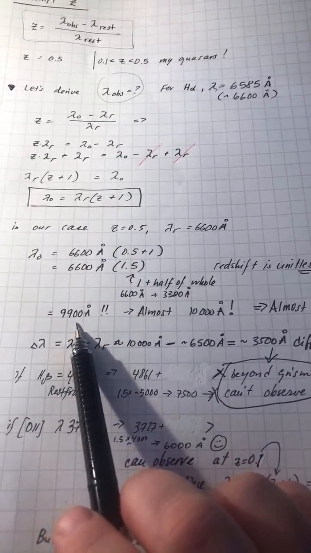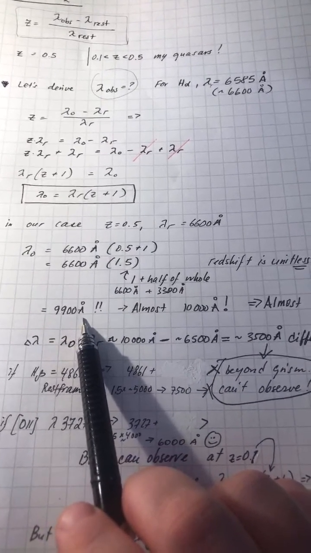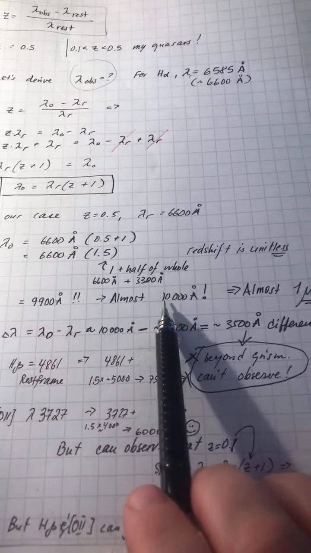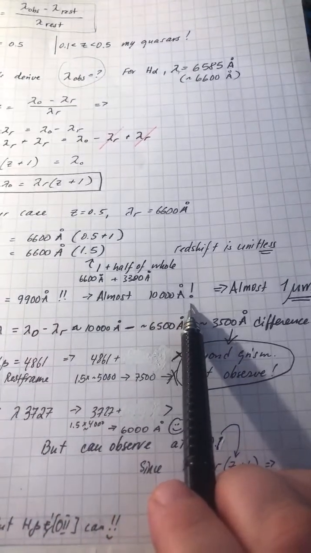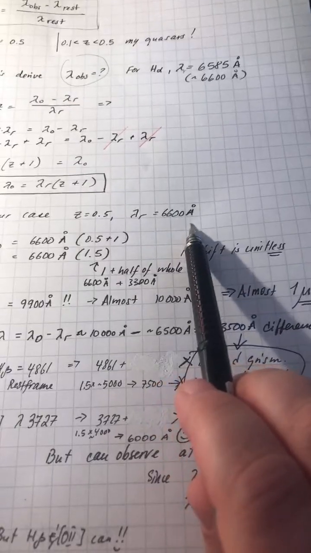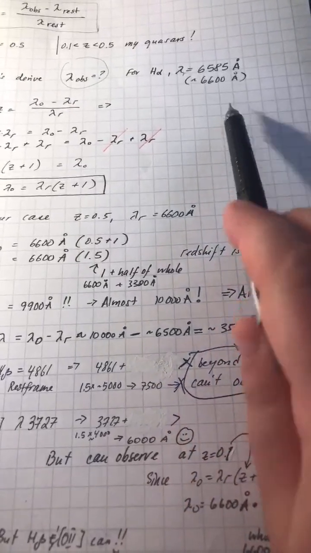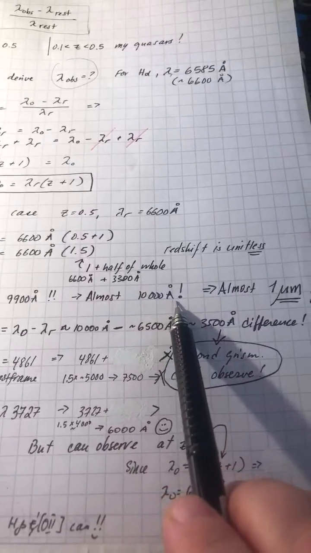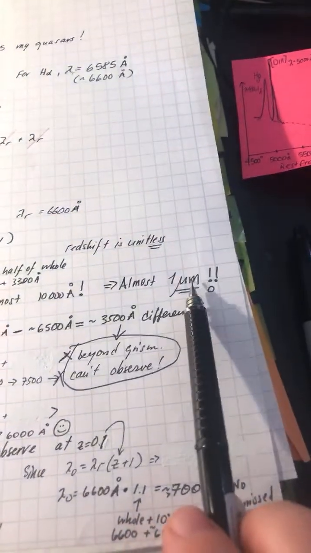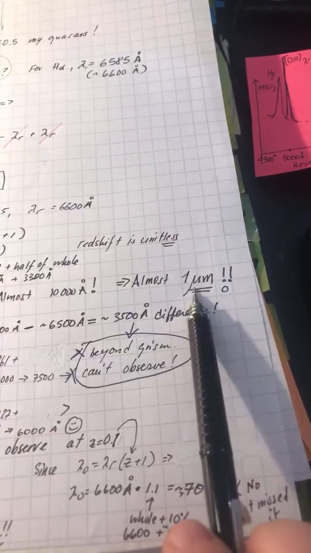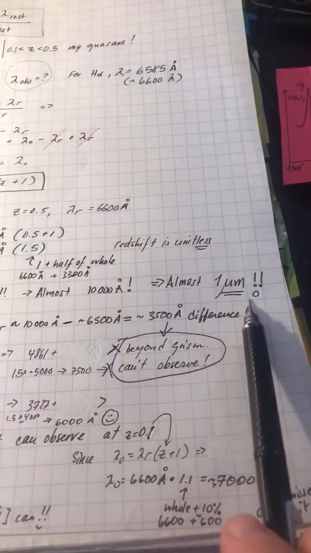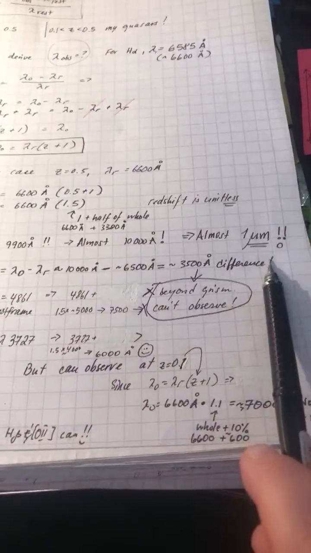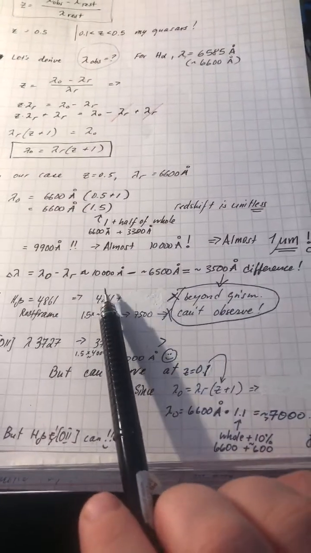So lambda observed is about 9,900 angstroms. It's almost 10,000 angstroms. It used to be 6,600 angstroms. But now at this redshift, it's 10,000 angstroms, and it is equivalent to almost 1 micrometer. So it's a very large shift already at redshift 0.5.